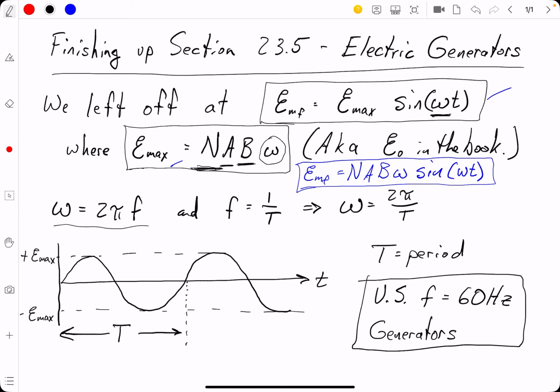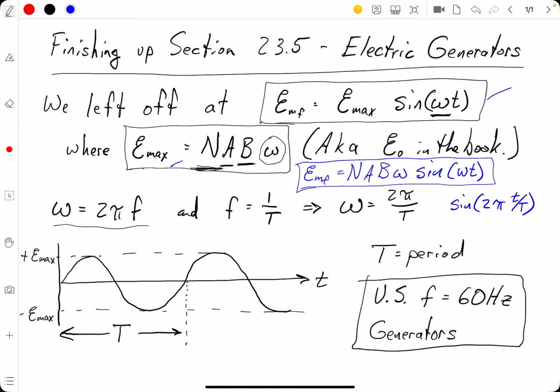In fact, that means the sine of omega t is really the sine of 2 pi little t over big T. This period T is kind of like what we used to have with tau being our RC constant.